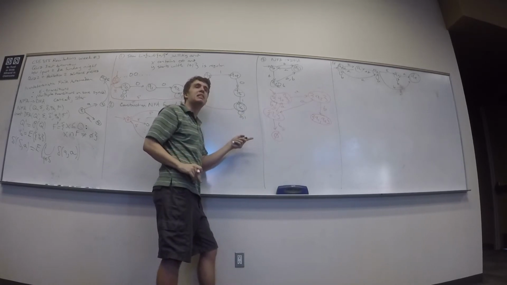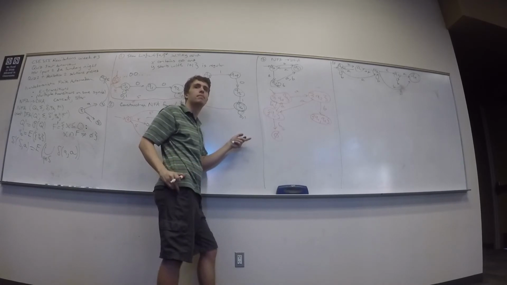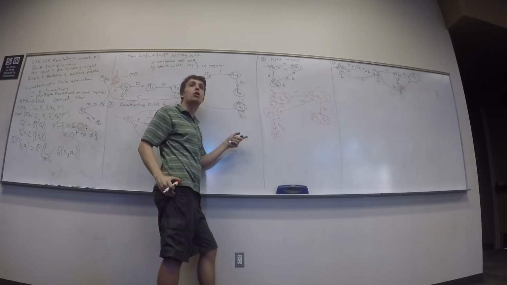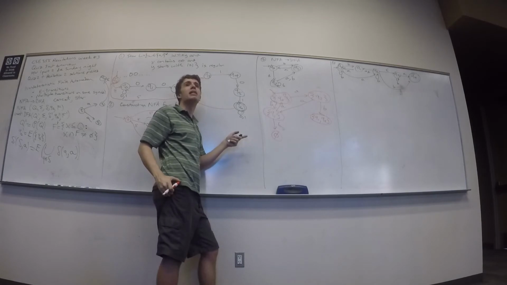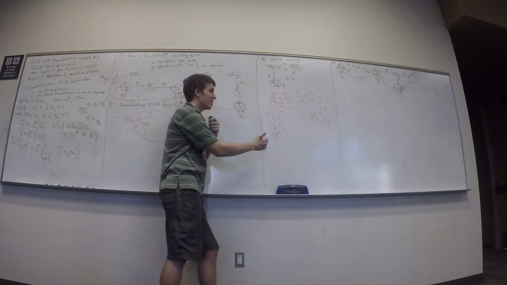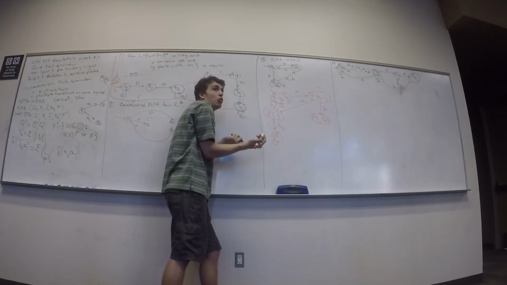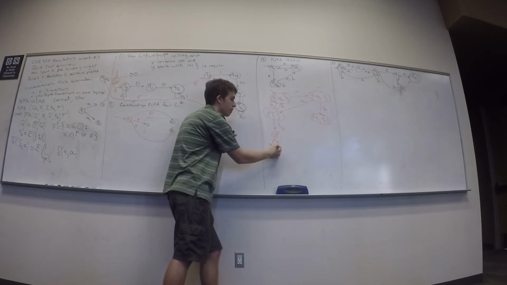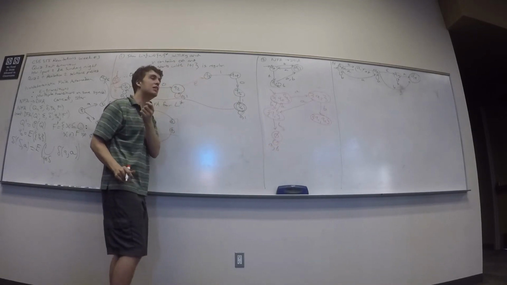What do you think the empty set state does? I'm currently nowhere, and I read an A. Where can I go? I think nowhere, right? So I think the same is true for input B also. So that's definitely helpful.